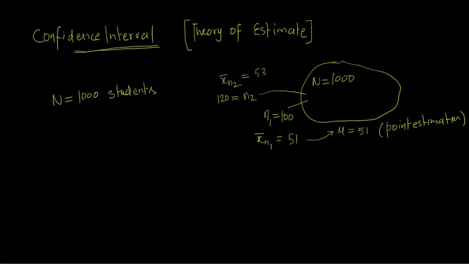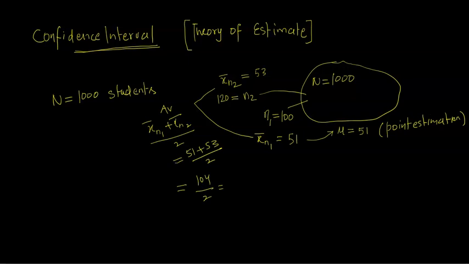And then probably I'll take an average of X1 bar and X2 bar and divide it by 2, that is 51 plus 53 divided by 2, 104 divided by 2, and it comes out to be 52. And again I make an estimation that the average mark of the population is 52. So this is again a point estimation, right?